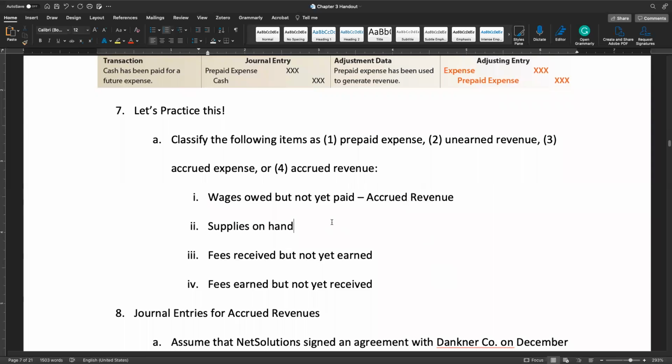Okay. Supplies on hand. Is that going to be prepaid expense, unearned revenue, accrued expense, or accrued revenue? Not accrued expense. No, prepaid. Oh, prepaid. Yep. Sorry, I didn't hear you. You got it. Prepaid expense.